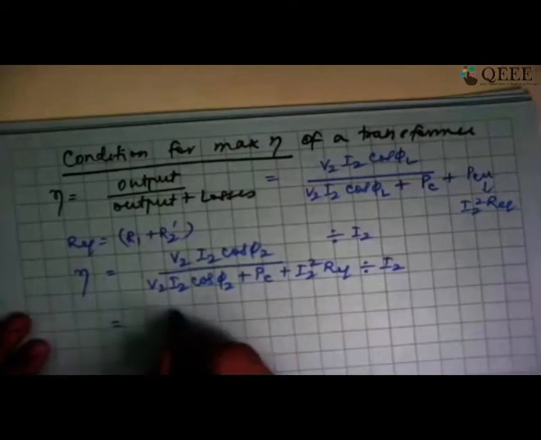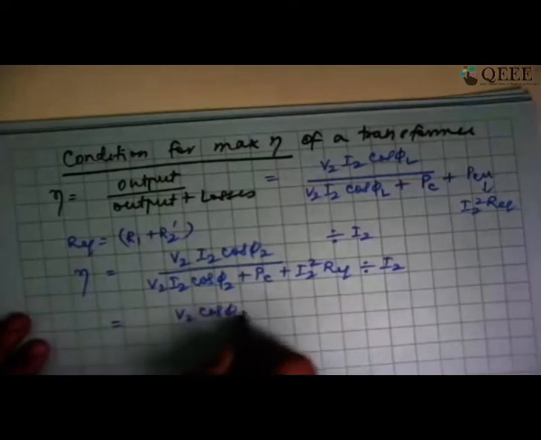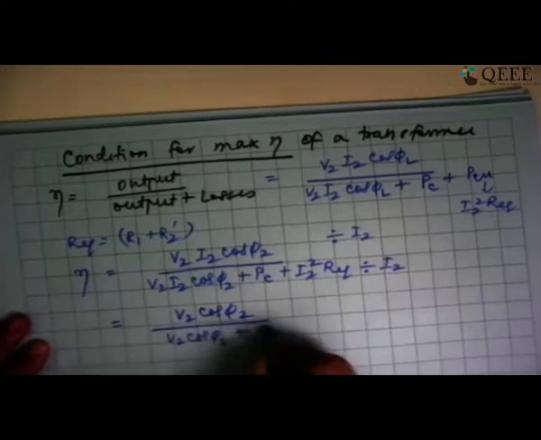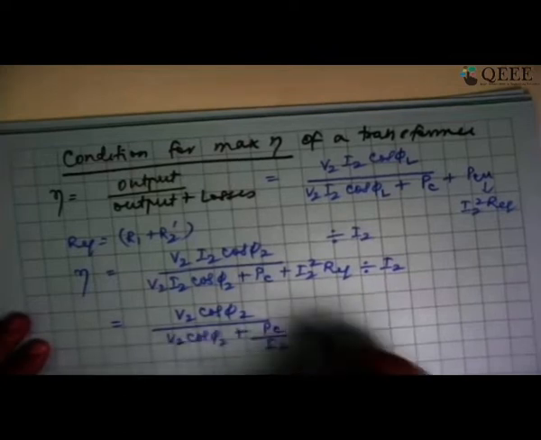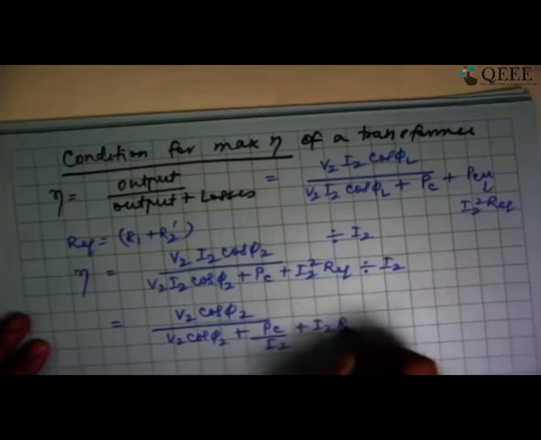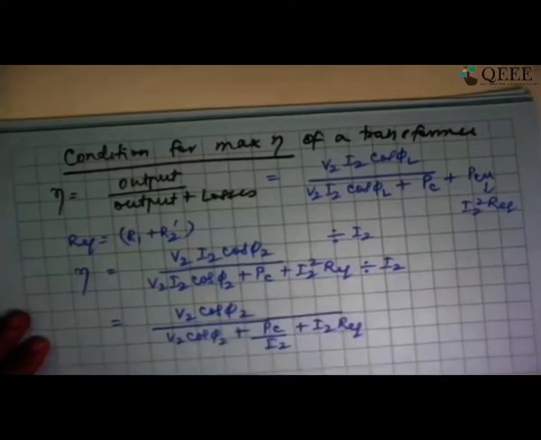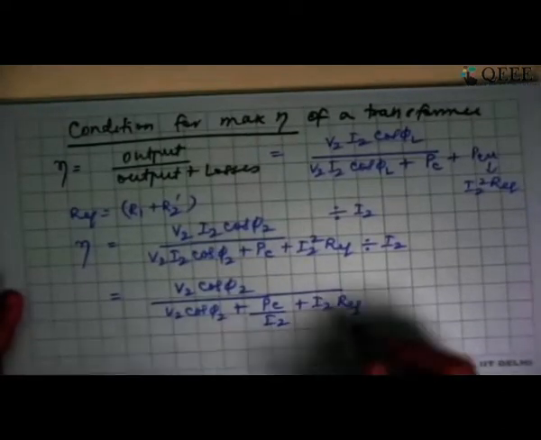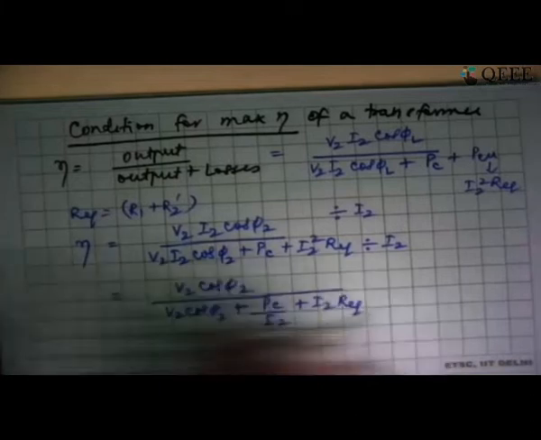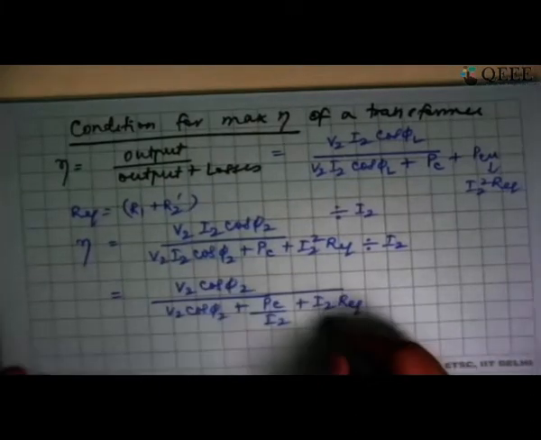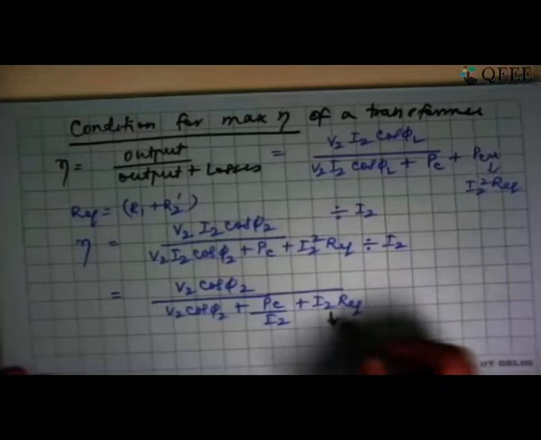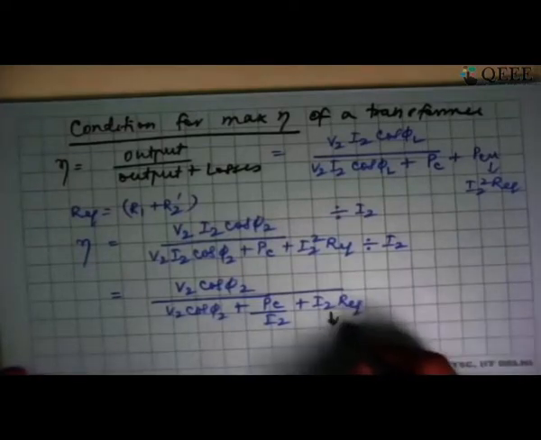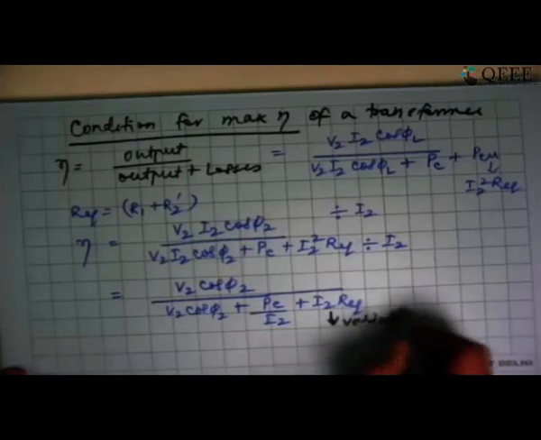So I will be able to write V2 cos phi 2 divided by V2 cos phi 2 plus PC by I2 plus I2 R equivalent. At what point is the efficiency maximum? That's what I want to calculate. And in this, my variable is I2, because the load current can be 50%, it can be 100%, it can be 75%. So this is the variable as far as I am concerned.